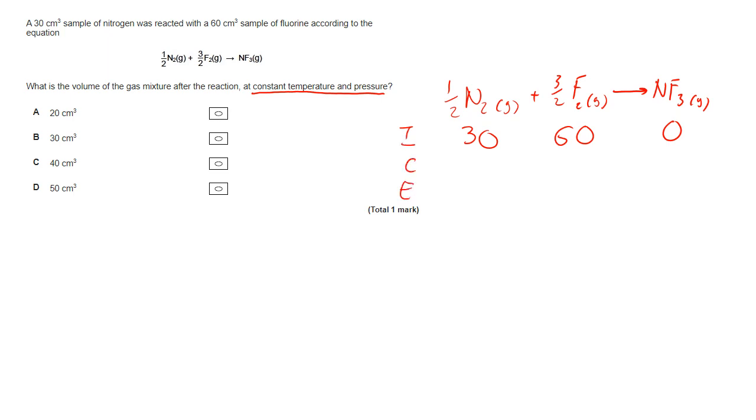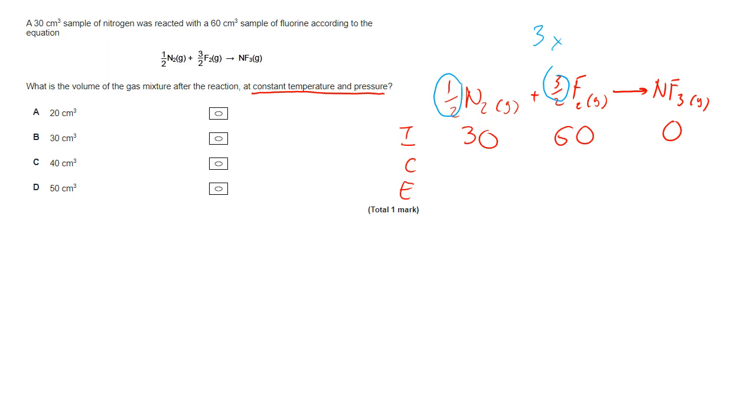So now, which one's going to get used up first? This was a trickier question because we've got the coefficients in front of the nitrogen and the fluorine. So we've got half of a nitrogen and 3/2 of a fluorine. That means fluorine is basically 3 times bigger than the nitrogen.